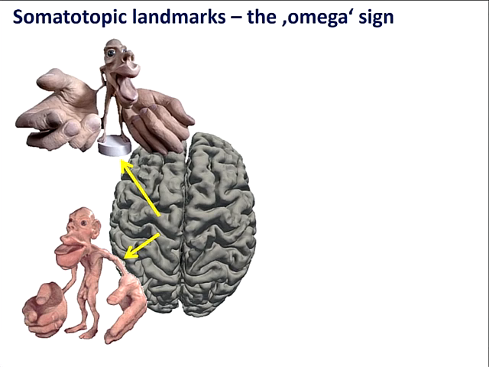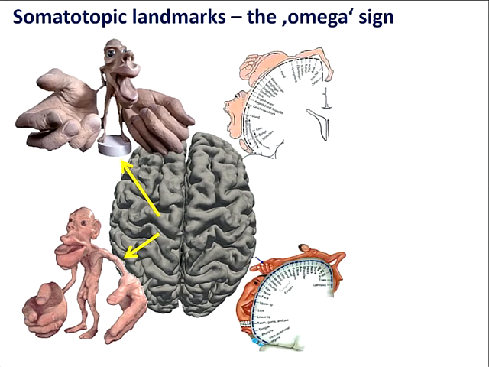And all over this central sulcus region, the pre- and post-central gyrus, these guys are organized in a somatotopical fashion. So if you take a look at a coronal section through the central sulcus region, you see these guys somehow overlaid on the surface.